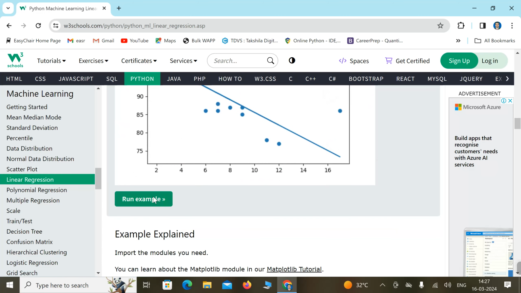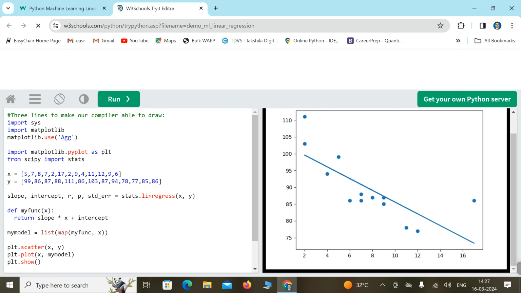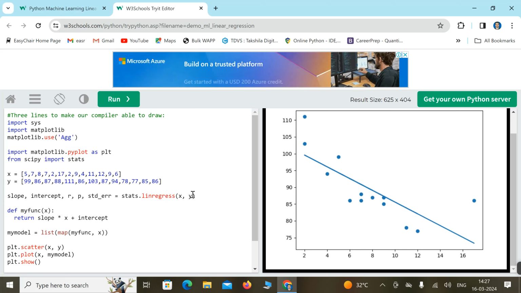So if I run the example, you get this. We have data set. We are using these definitions. I am running a function to find out the slope into x plus intercept. These are all built in.